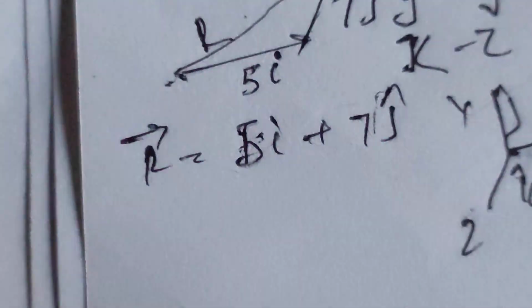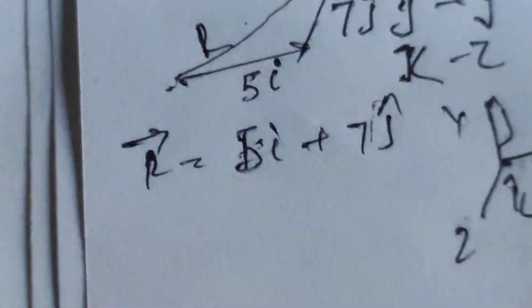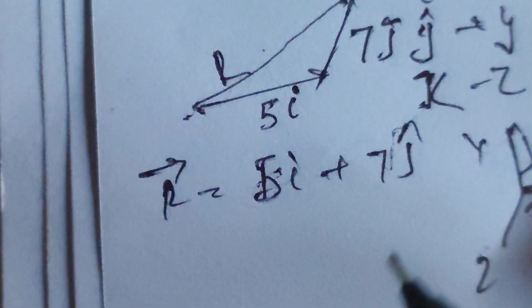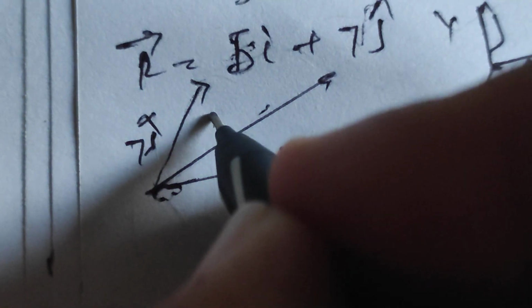In the parallelogram law it is the same: this is 5 i cap and this is 7 j cap, and the overall vector R is 5i plus 7j. The resultant vector is A plus B, which is 5 i cap plus 7 j cap. That is the overall meaning of the parallelogram law.